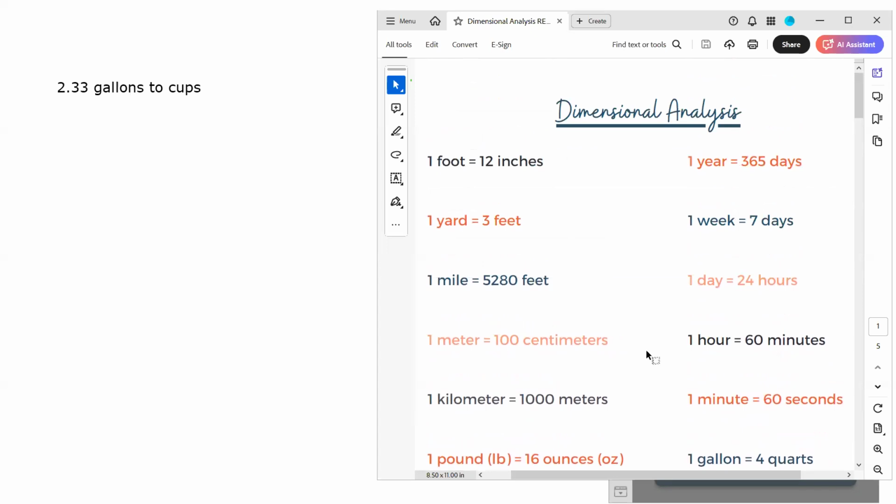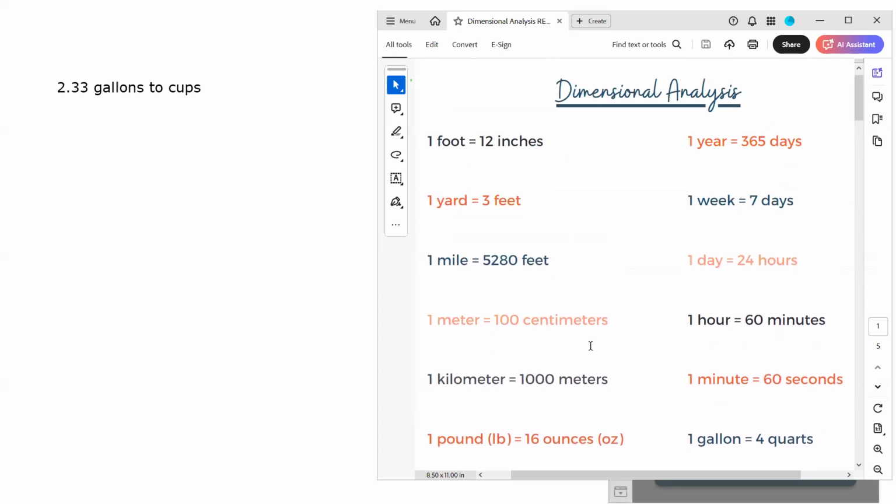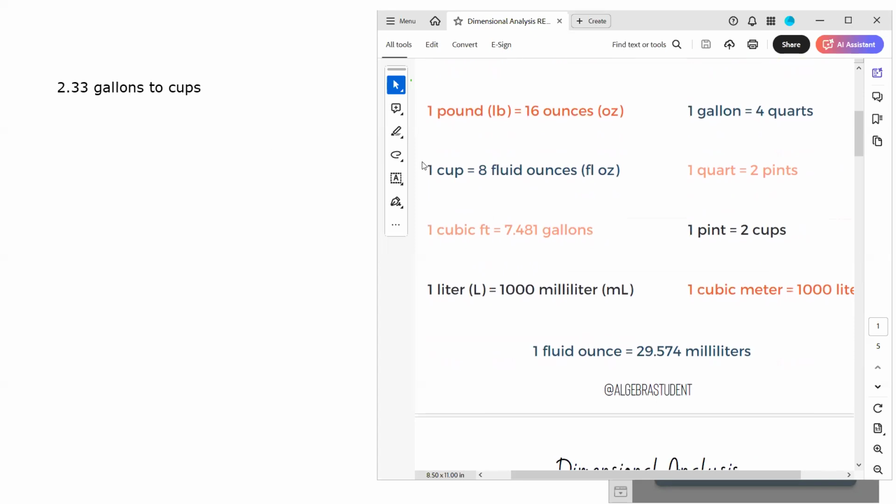And then we want to go from gallons to cups. So I know that we're going to kind of use these ideas over here, right? And so remember how this works. You're always going to start with the number that you're given. So 2.33, and you always want to add the word to it, gallons.